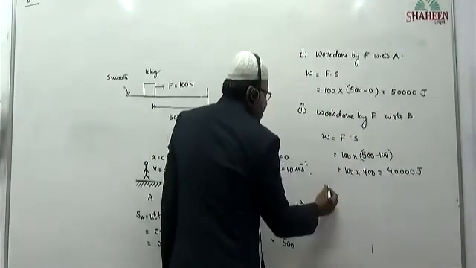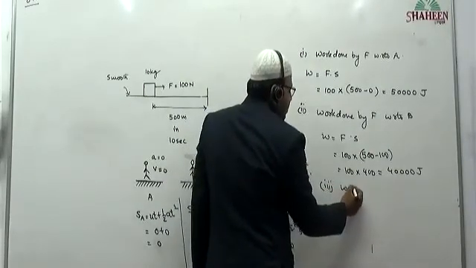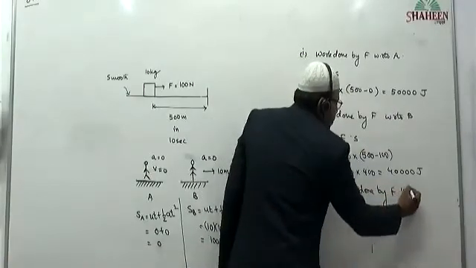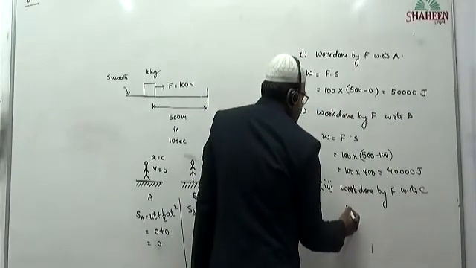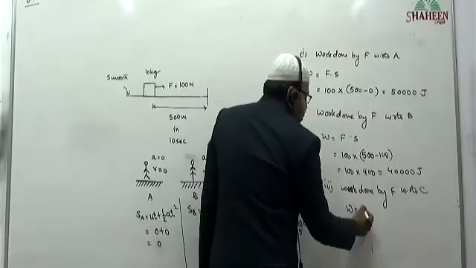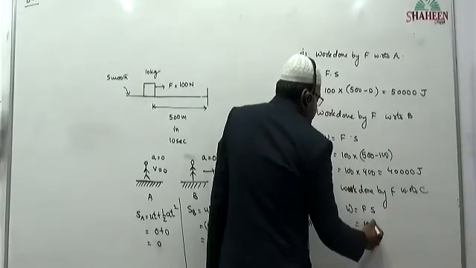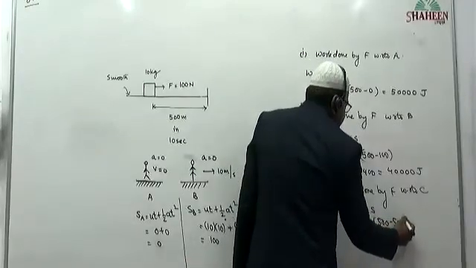Now coming to C, work done by F only with respect to C. With respect to C, again you have to go for relative displacement. W is equal to force into displacement. Force is 100, displacement, look beta, that is 500 and this is also 500. How much is C?